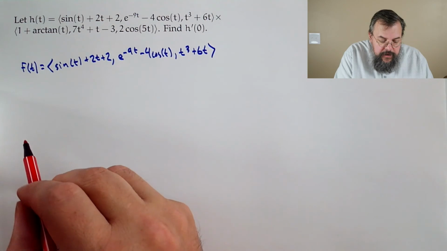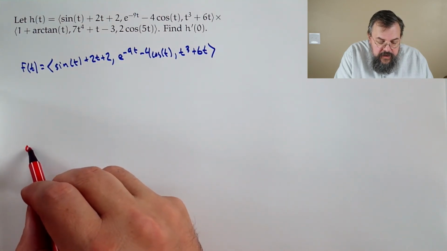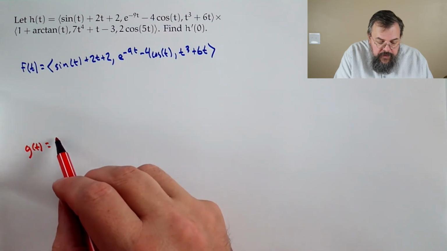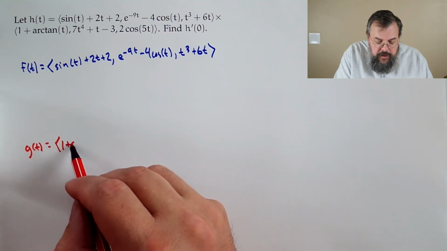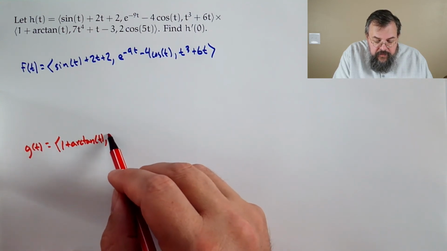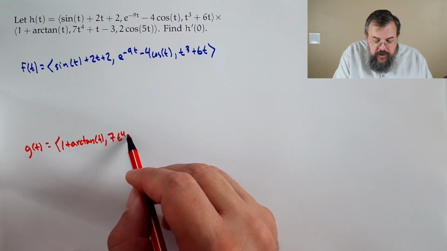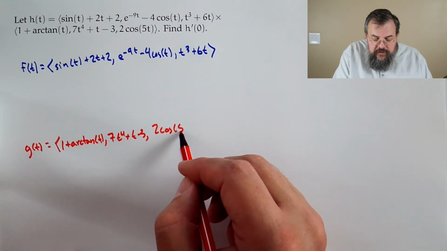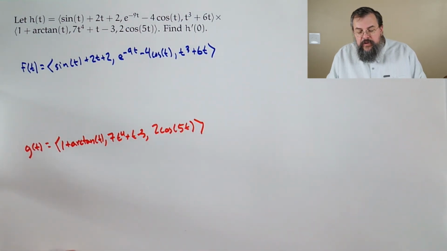I'm going to give myself some space here. g of t, and what is that? Well, it's 1 plus arctangent of t, comma, 7t to the fourth plus t minus 3, comma, and 2 cosine of 5t. Okay, so those are our two functions.